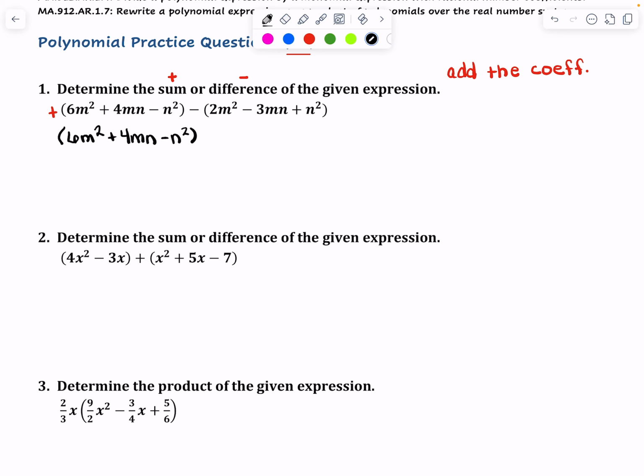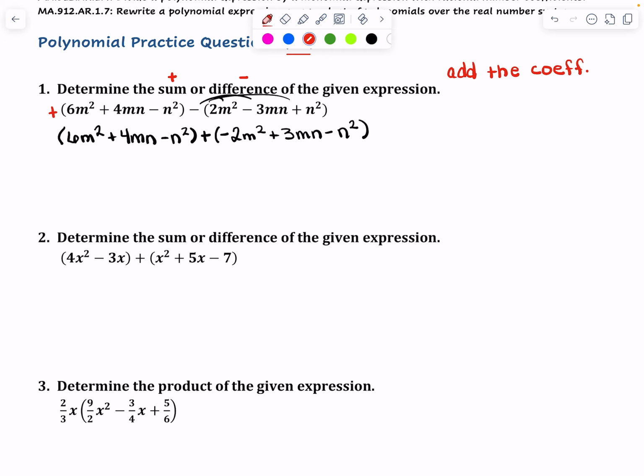So with that negative being in front of it, it actually means that it is the inverse. It is the opposite. So if I turn that negative into a positive, that means I have to distribute this negative to all three terms inside the group, which is going to change their sign. So this will be negative 2m squared, positive 3mn, and then negative 1n squared.